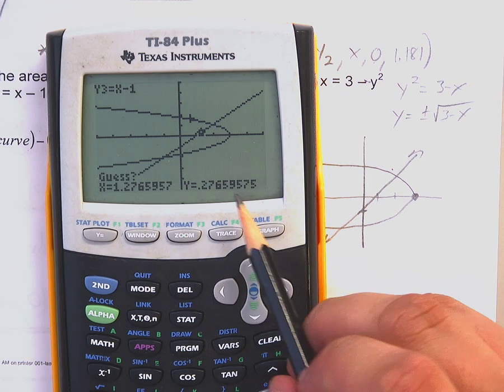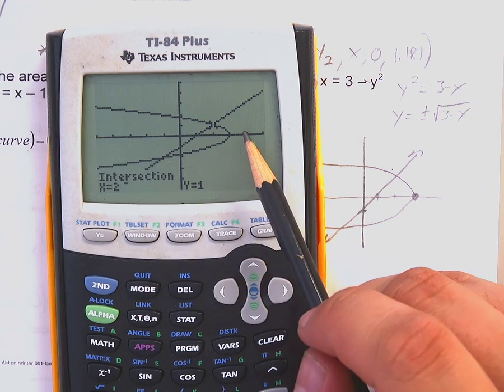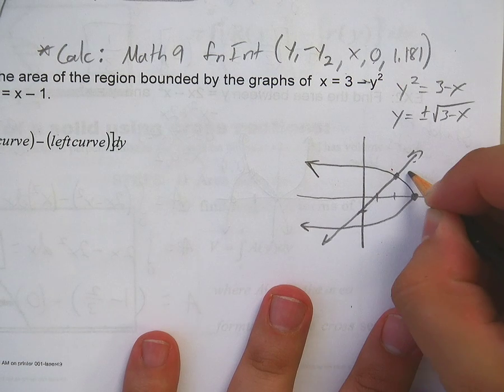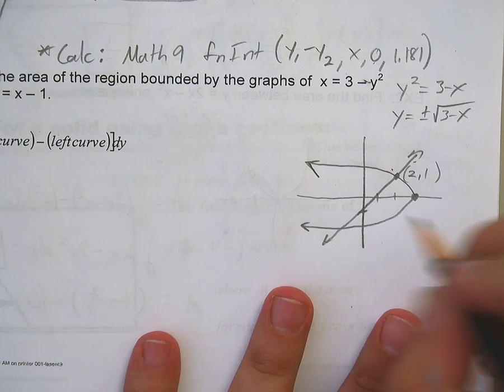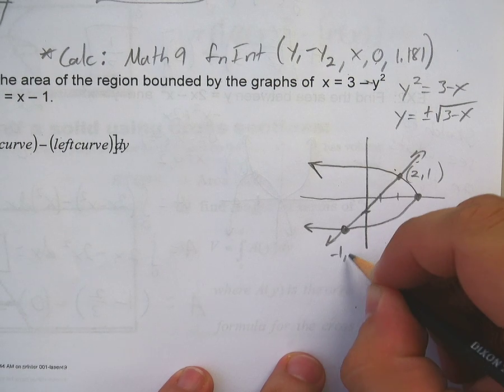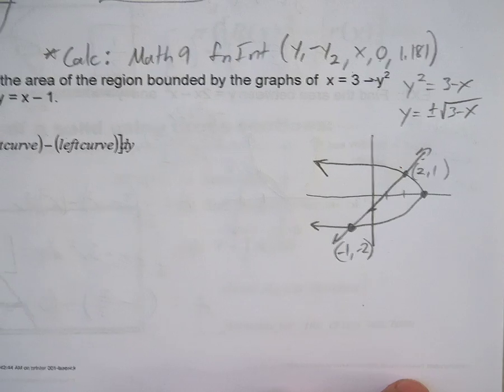To bounce between graphs, you just press the up and down keys. I want to figure out where they intersect. It's at 2, 1. So this point right here is 2, 1. This point down here is -1, -2. I've already figured this out ahead of time, but I wanted to show you how I got it.